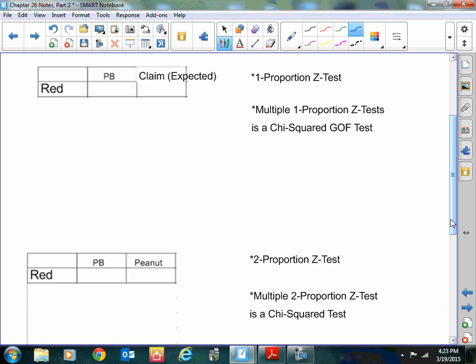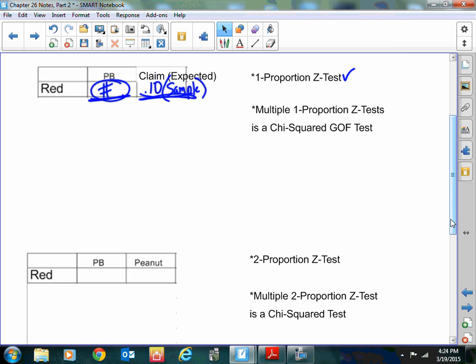If the M&M's company said that 10% of all M&Ms should be red, then you could get a sample and get the counts and see if 10% of your sample was red. Okay? So in that case, this is just a one proportion z-test where you would just check a number of counts against a claim and see if the proportion is what they say it should be.